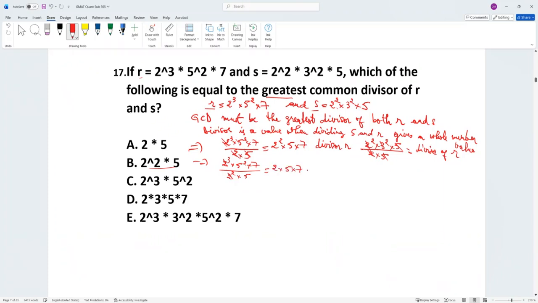So it is a divisor of R. Is it also a divisor of S? If we do like this, yes. So it's also a divisor of S.